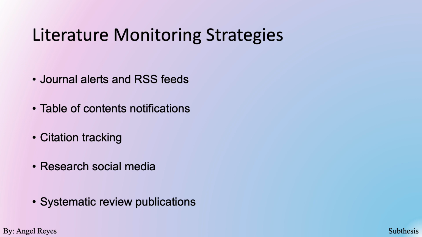Use citation tracking tools to follow the impact and discussion of landmark papers. Engage with research social media, especially Twitter and LinkedIn, to discover new papers, debates, and events. Also, review systematic reviews regularly to stay updated on how evidence is evolving across entire areas of study.